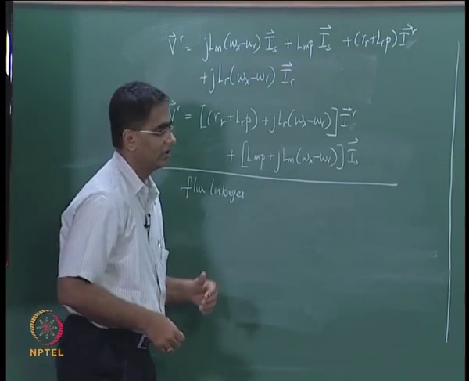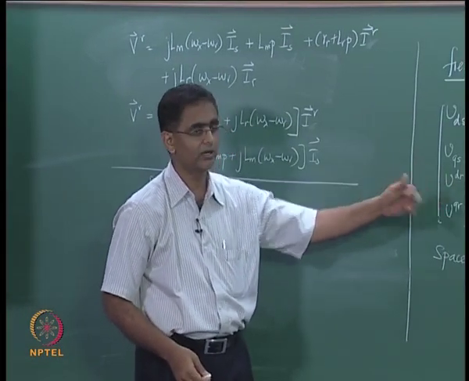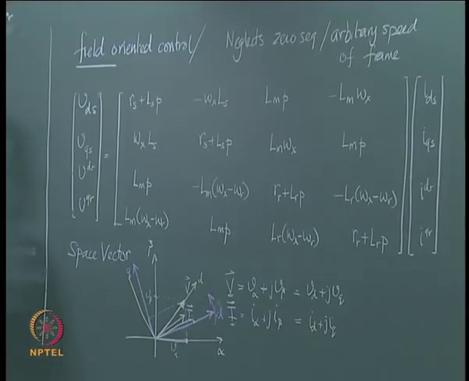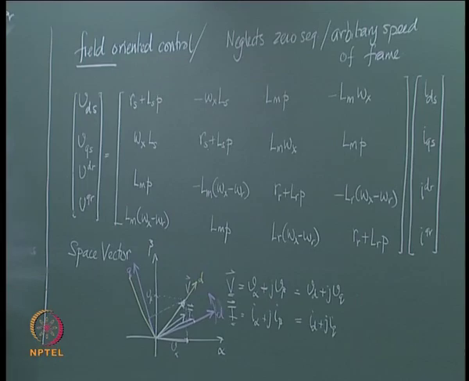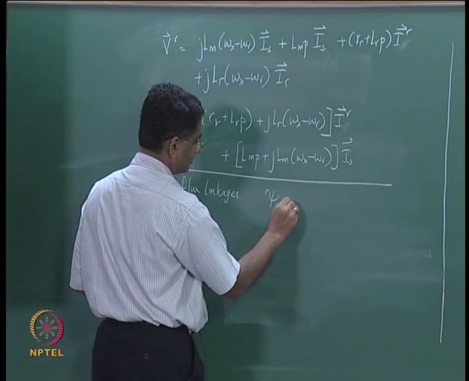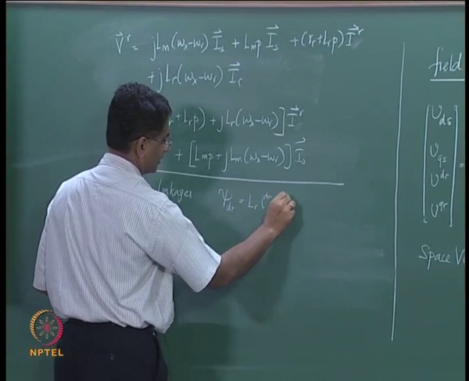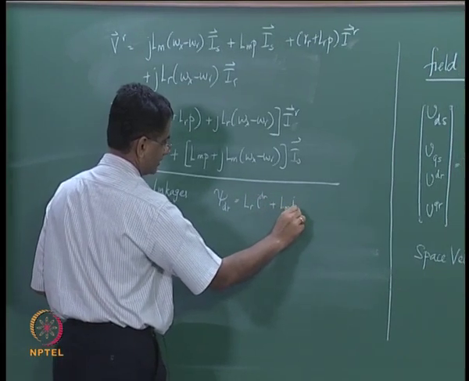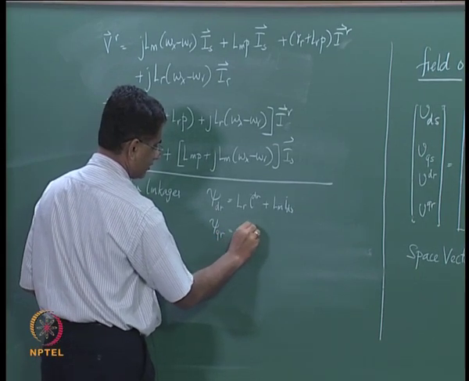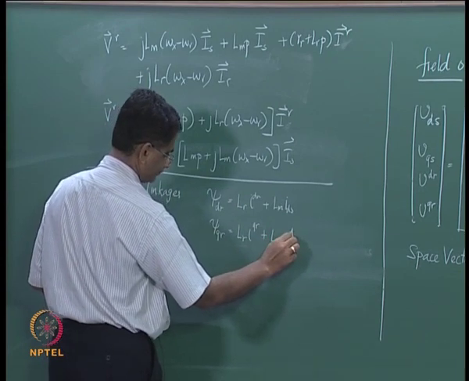We remember in the last lecture when we had discussed how Idr and Iqr were replaced by means of psi dr and psi qr, we defined certain relationships for the flux vector. So we had said that psi dr is given by Lr into Idr plus Lm into Ids. Similarly, psi qr was represented as Lr into Iqr plus Lm into Iqs.